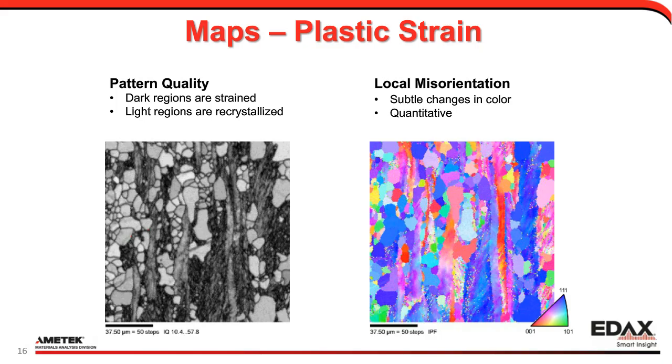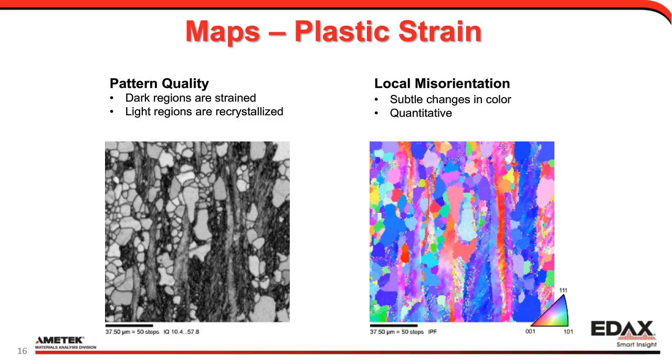In this case, it's a standard IPF map, inverse pole figure map, showing the orientation as a color. In the strained areas the orientation can change quite a bit from one end of the grain to the other, whereas in the recrystallized grains the color is solid. So those subtle changes in color tell us that there's strain there.